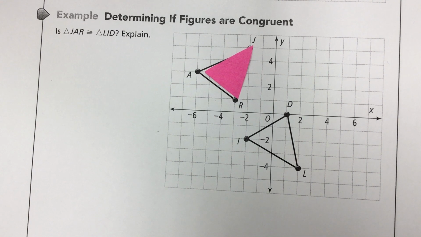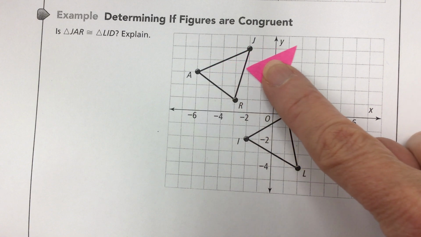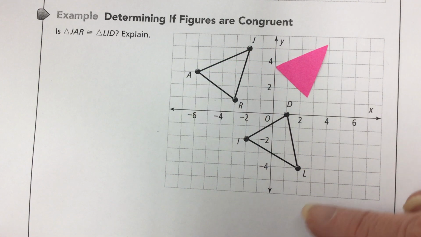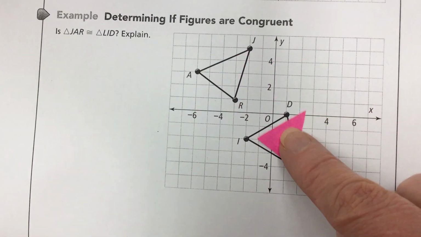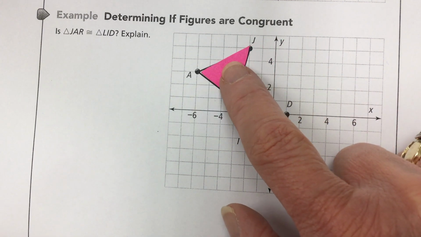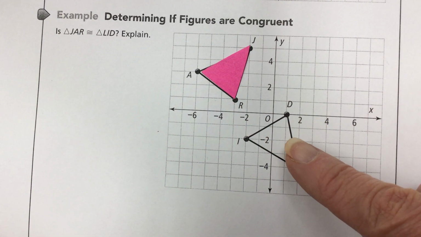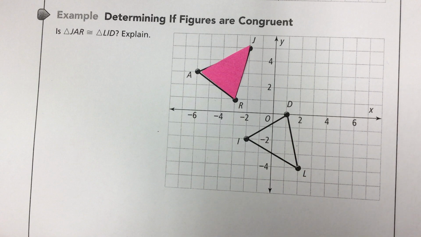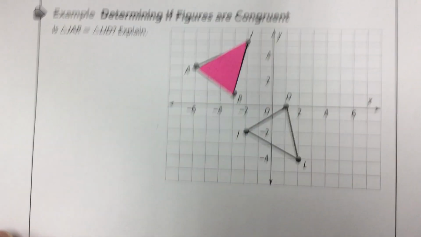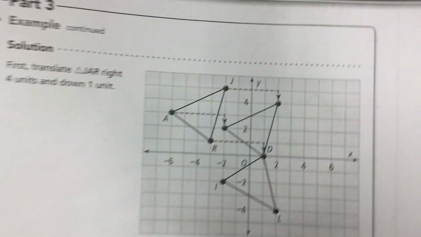Can we prove that we can go from this triangle either by a slide and then a reflection, or by two slides or a rotation? Can we find that mapping to go from one triangle to the other? If we can, then yes, these two triangles are congruent, okay? So I want us to look at the first example here. Let's look at this one.